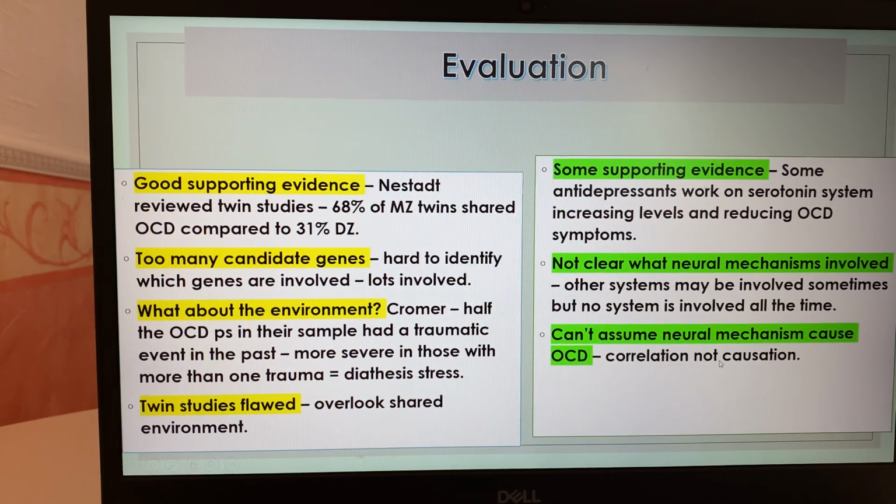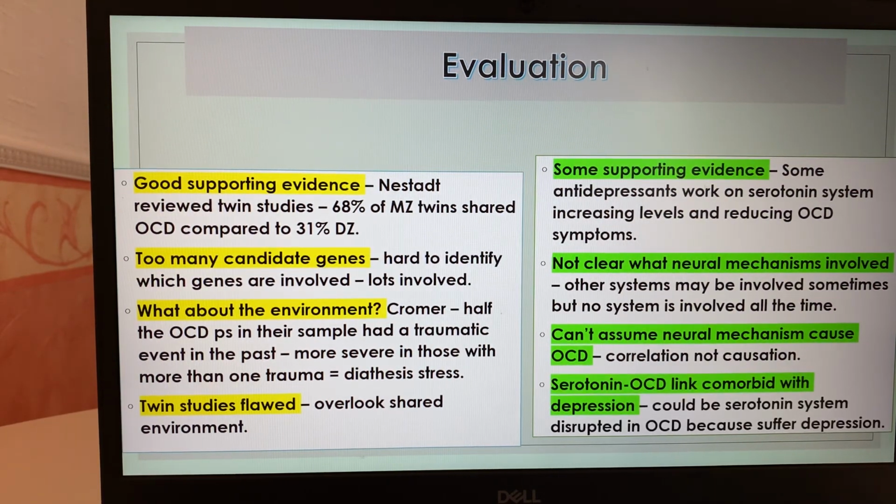We have an issue with correlation and causation, so we can't assume that because you've got abnormal functioning in the prefrontal cortex, that causes OCD. It could be that the environment has changed the way your prefrontal cortex works, which means that the OCD has manifested itself that way. So we can't be sure on correlation and causation.